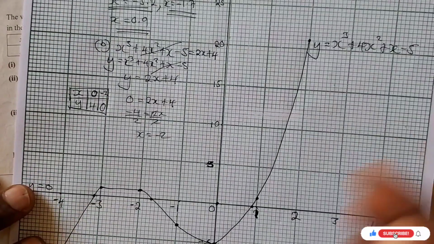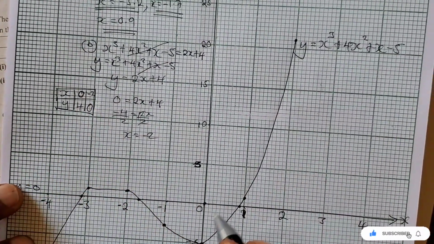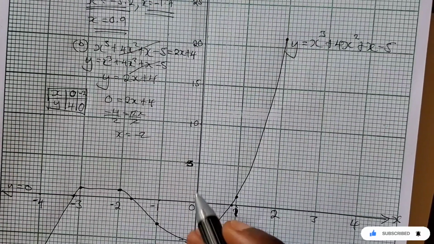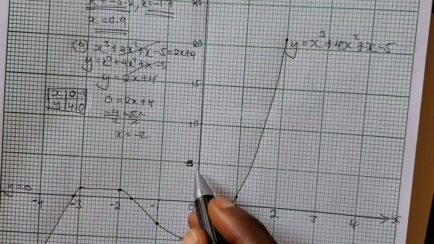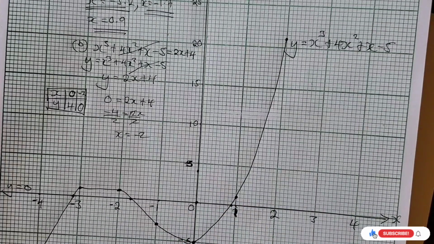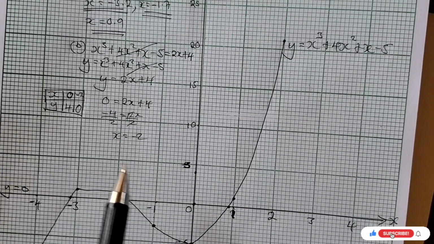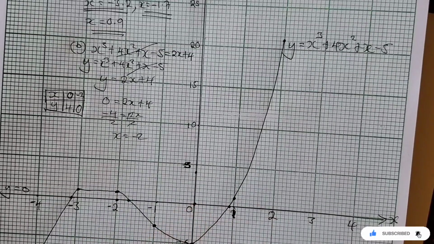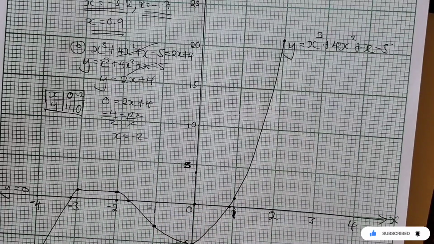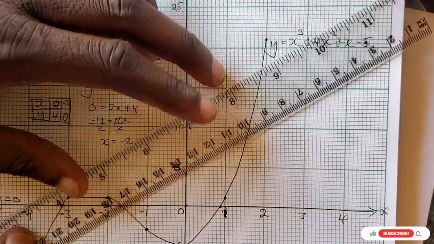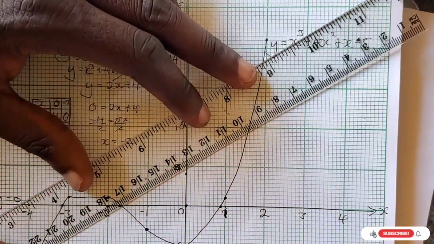Let's plot them. x is 0, y is 4, just here. So this is where (0, 4) is. The other one is (negative 2, 0), just here. Then get a ruler, connect the 2 points. Okay? So this is what you do.